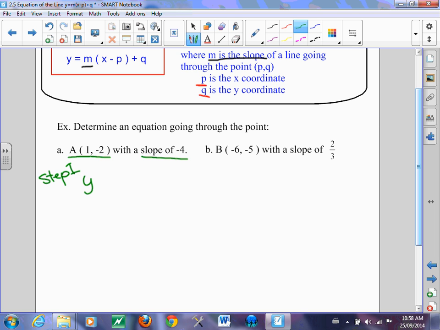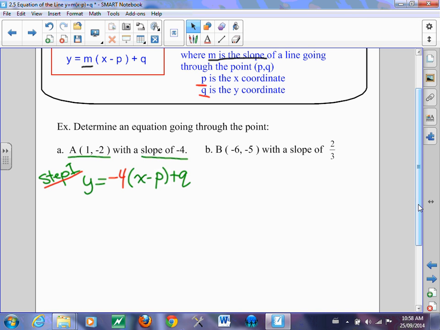So you're going to go y equals, and I'll put it in different colors. Okay, so I'm going to sub in -4 for my slope. That's step one. Okay? Step two is going to be to sub in the point.